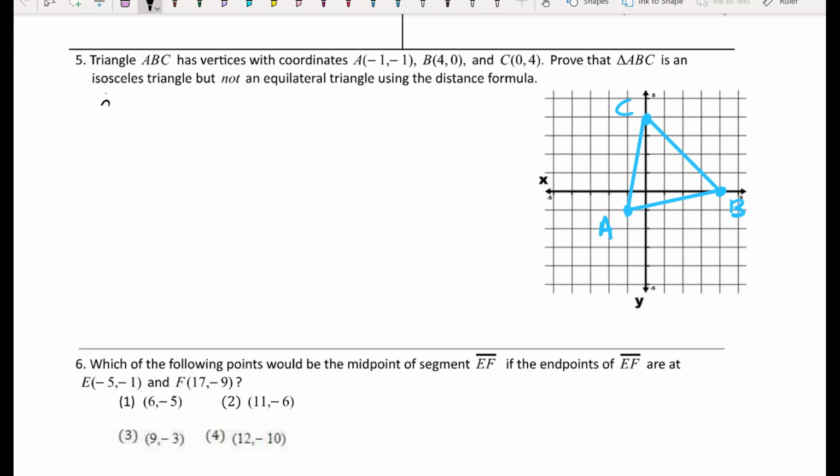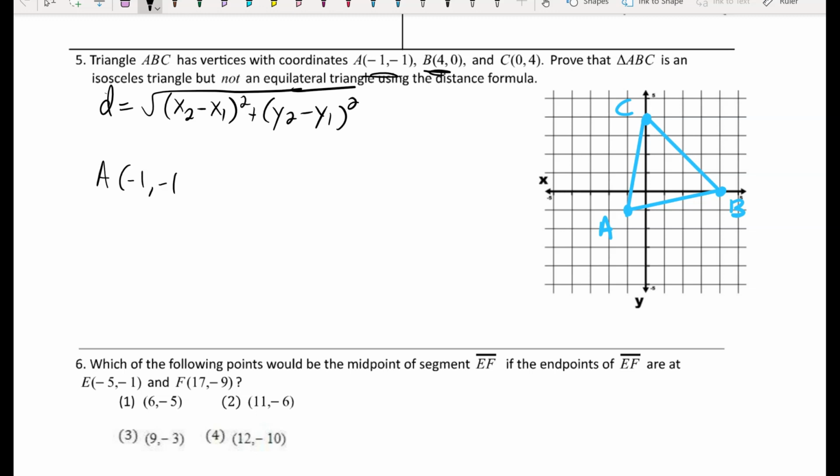So remember, the distance formula is d equals the square root of (x2 minus x1) squared plus (y2 minus y1) squared. And I'm going to do the distance between A and B first. So if you want to organize yourself, if these are my 2 points, I could label one of them as x1, y1, and I could label my other point as x2, y2.